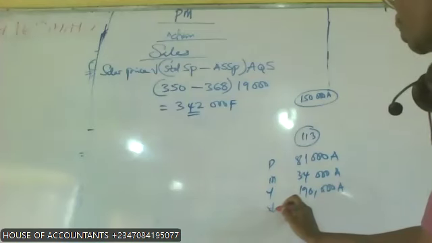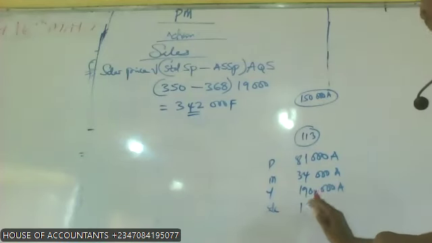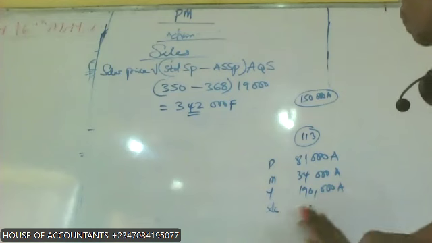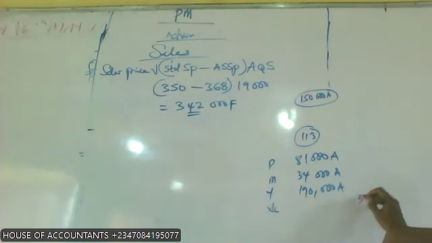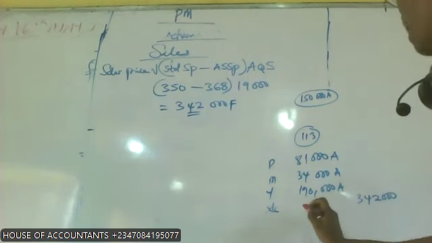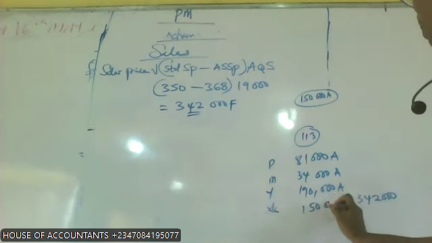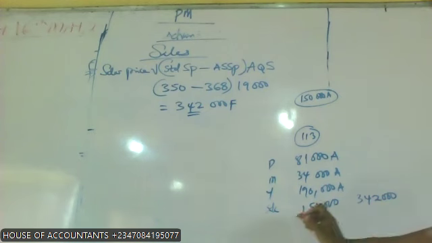We have sales to be 342,000. Why do we still have another one, 150? So add all these four together.